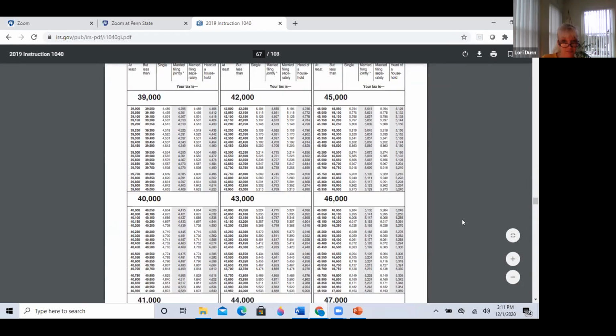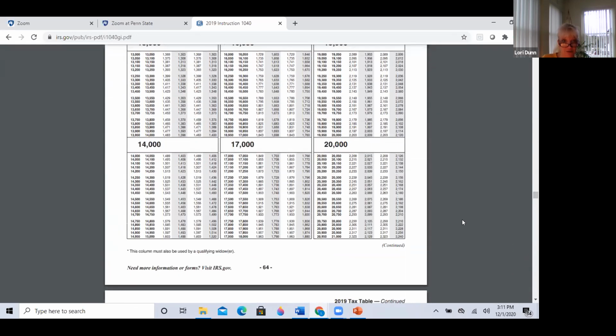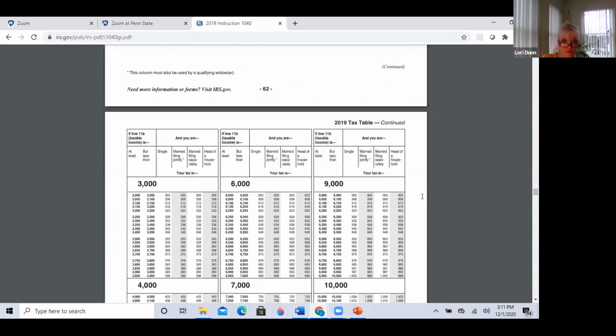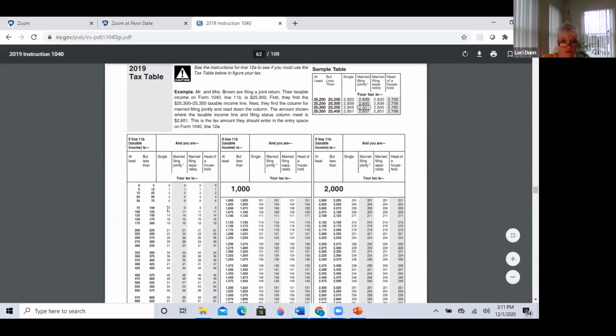There we go. Here are the tax tables. So you can see the different dollar amounts there. These are the 2019 tax tables because this is the 2019 instruction booklet. They're set up by the first column, which says "at least," but "less than."